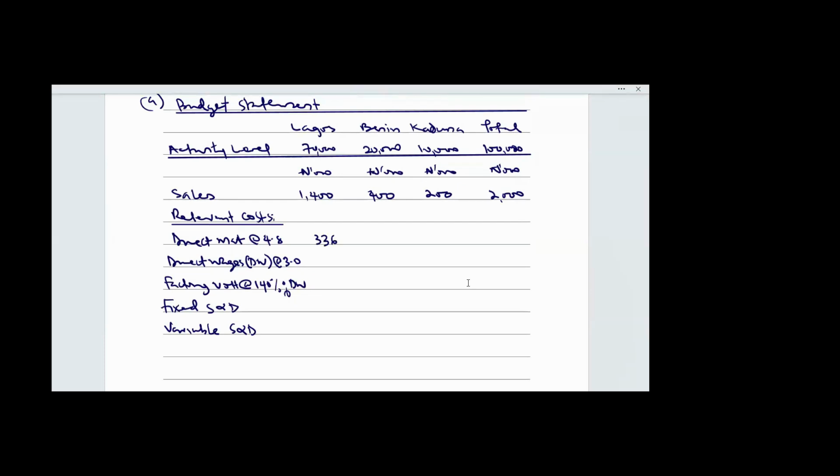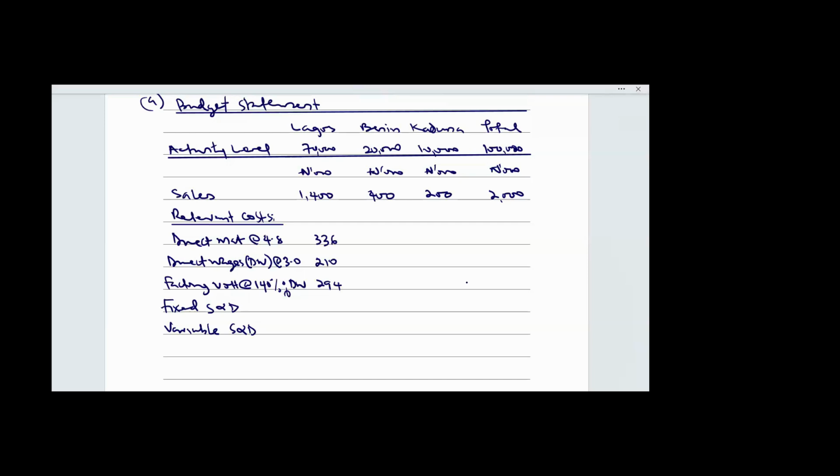3 multiplied by 70. 3 multiplied by 7, 210. Then we are told that factory overhead is 140% of direct wages. So what is 1.4 of 210? 294. Okay, 294.